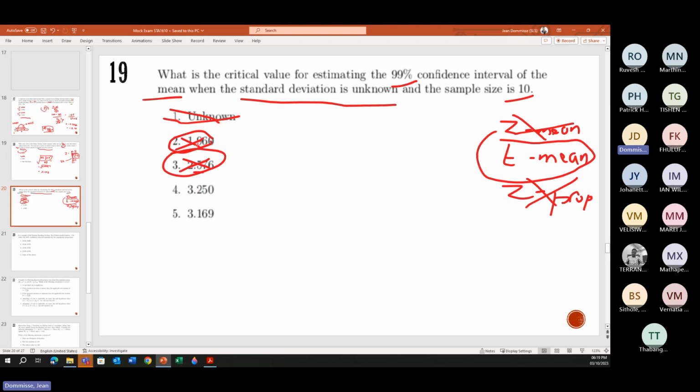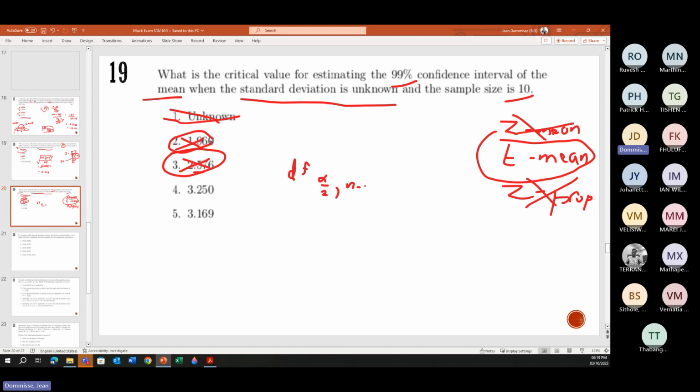So again, it's not those 2, because that is when the Z is the one that we're using and the standard deviation is known. So we now know it's unknown, the degrees of freedom of alpha divided by 2.